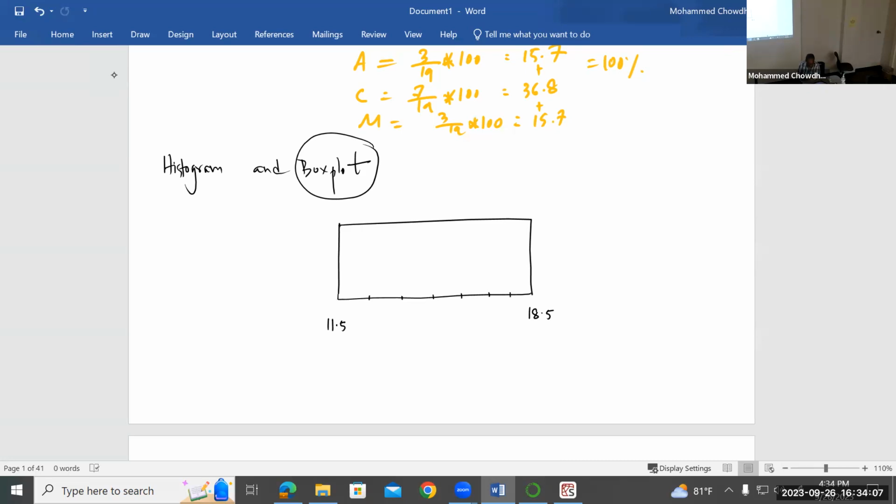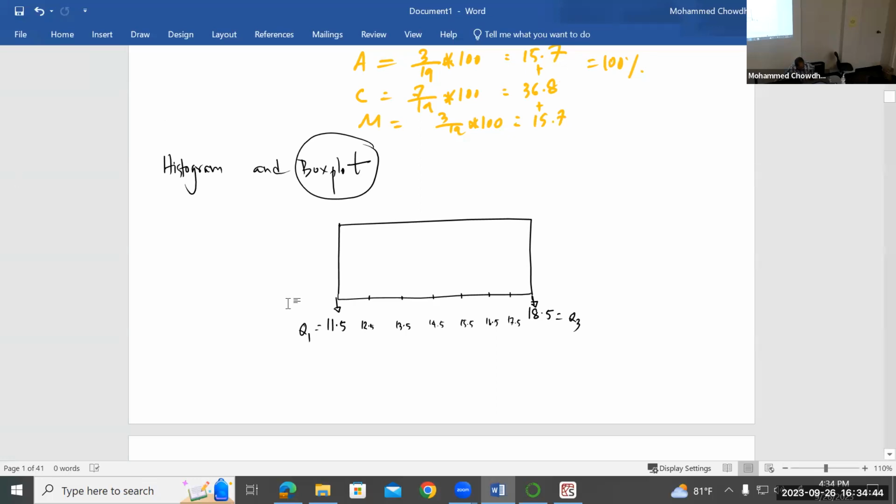So scaling is not very good, but this is what it looks like. So this is 12.5, that is 13.5, that is 14.5, 15.5, 16.5, 17.5. This is my Q3. This is my Q1. Okay? You got it, right?